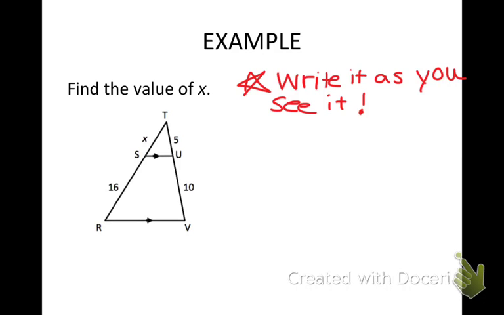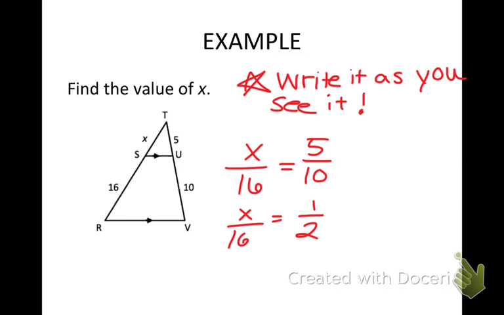So I can make a ratio of x over 16 and equal it to, what would the ratio be on the other side? 5 over 10. Good. 5 over 10, which is 1/2. You could reduce that if you wanted to make your math a little bit easier. So if I do that, x over 16 is equal to 1 over 2. So 2x equals 16. X is equal to 8. Okay? So you write it as you see it.